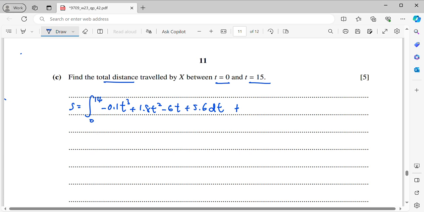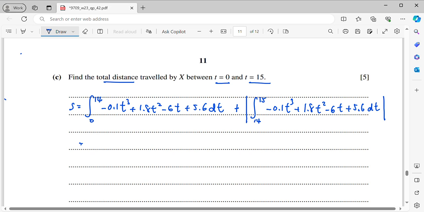And then I have to add the modulus of the integration from 14 to 15 because this region is below the x-axis, therefore your integration is negative. So it is compulsory to put the modulus to make sure that it is positive there.